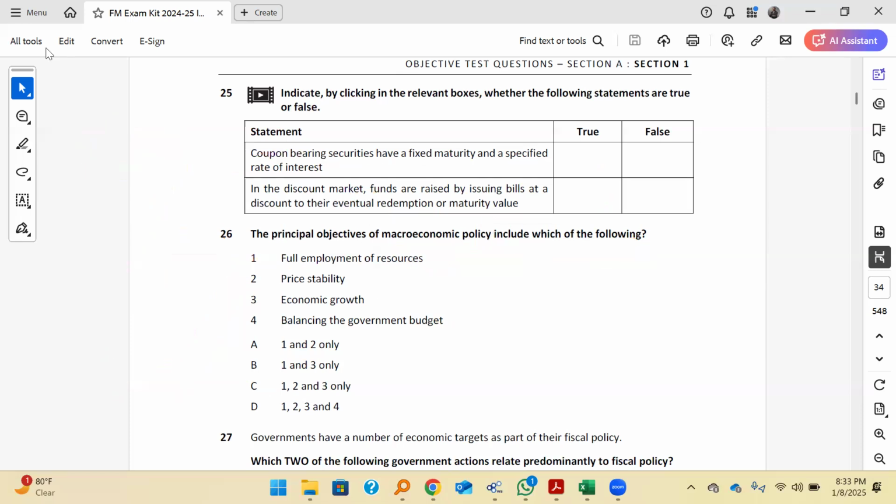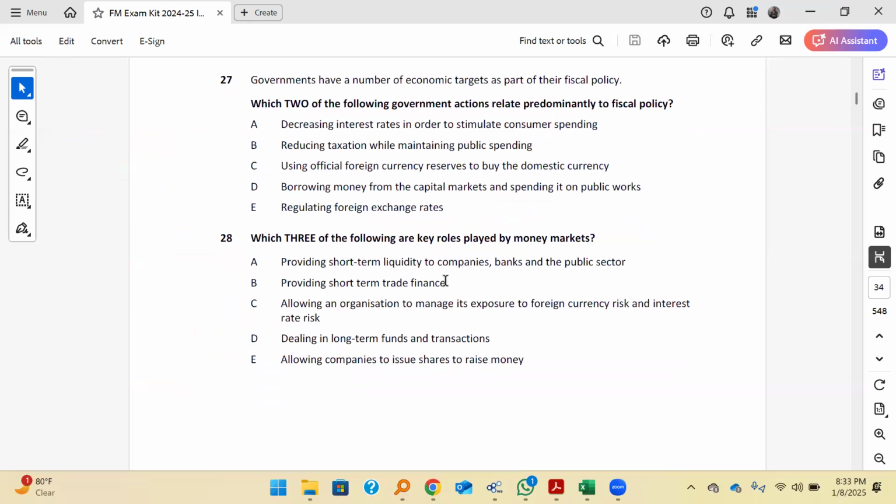Then when you go on, they say that governments have a number of economic targets as part of their fiscal policy. Which two of the following government actions are predominantly related to fiscal policy? We have talked about these two policies before, so here they're asking us which ones relate to fiscal policy. The first one, decreasing interest rates in order to stimulate consumer spending.